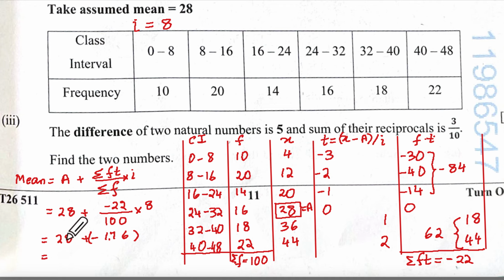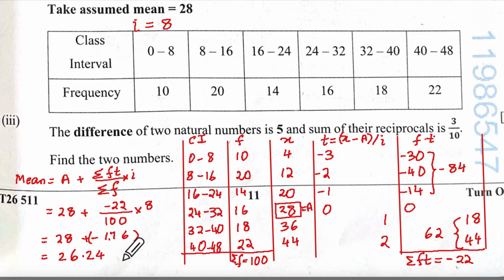So it will be 28 minus 1 is 27. 27 minus 0.76 is 26 point how much? 24. Double check. 76 and 24 gives you 100. Yes. So carry 1. So it is correct.